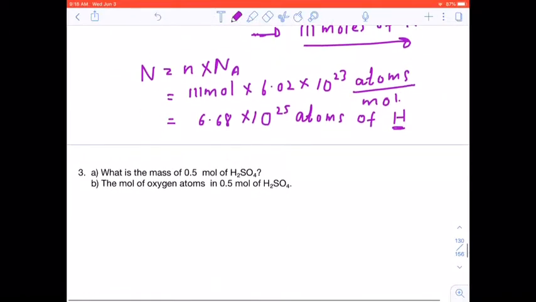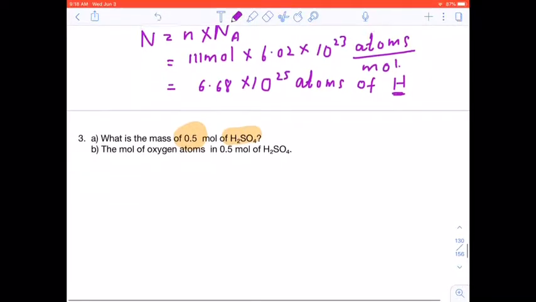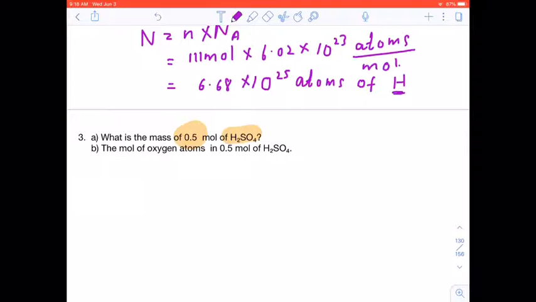Let's look at the next one. What is the mass of 0.5 mole of H2SO4? Right? What is the mass of 0.5 moles of H2SO4? If you want to know that, we say n is equal to mass over the molar mass of H2SO4, correct?